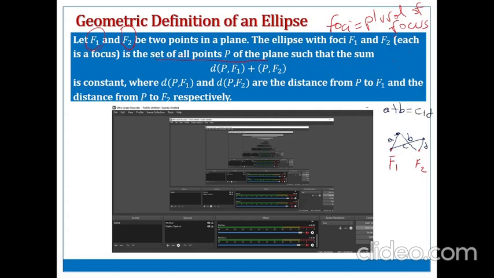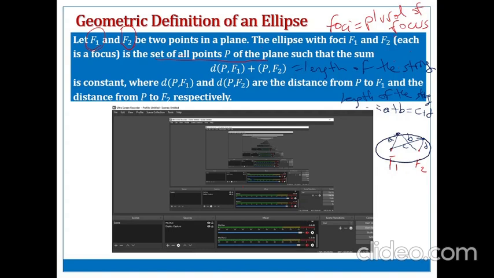Like this sum is the length of the string. So this will be the length of the string in the video. So these points, all of them having this property, will make an ellipse.